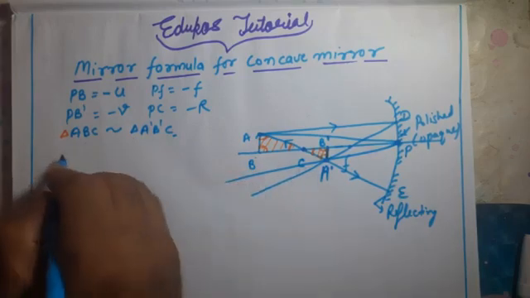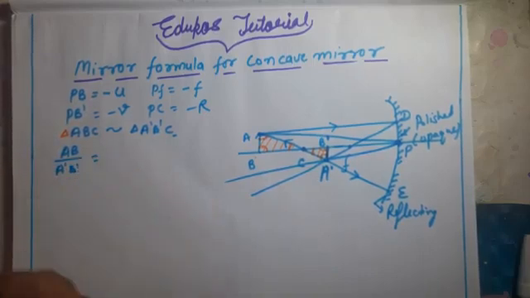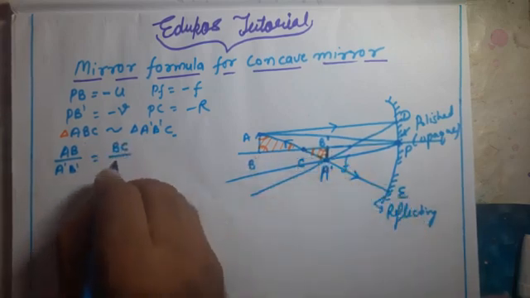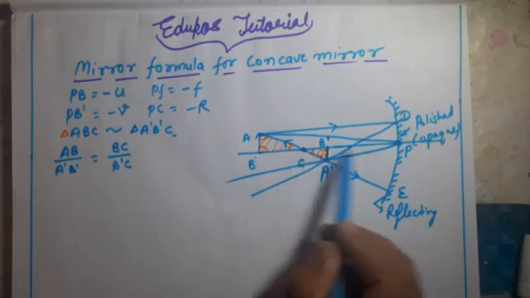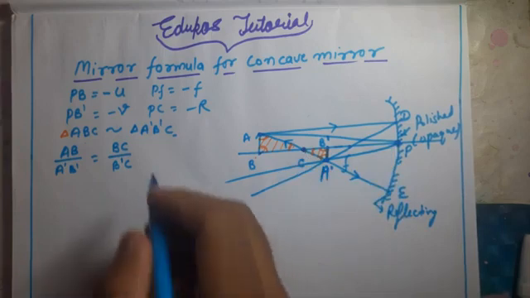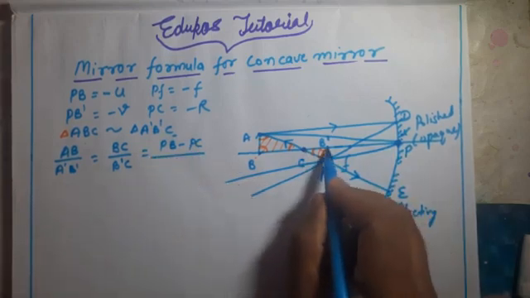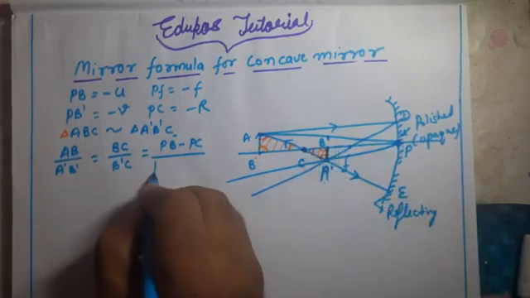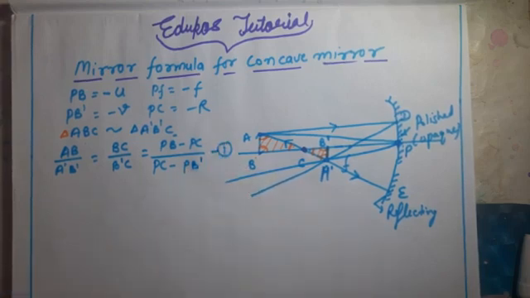So we can write AB divided by A dash B dash, which will be equal to the ratio BC to B dash C. Now this distance BC can be written as PB minus PC, and the distance B dash C can be written as PC minus PB dash. Okay, so this is our first equation.